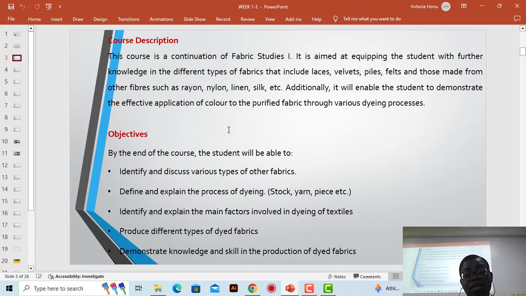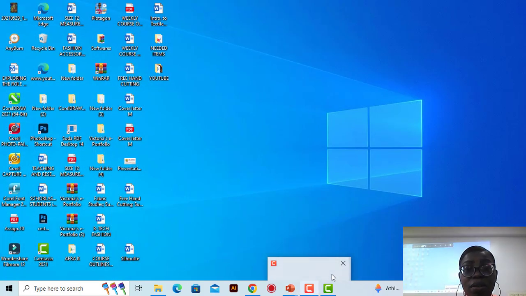So when we look at the course description, you see that I told you it's a continuation of fabric studies one. However, this is more practical.